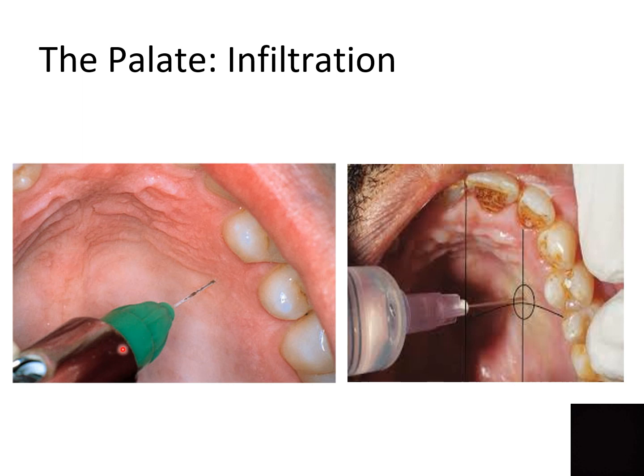For infiltration, you would inject into the palatal tissues roughly a centimeter medial, towards the midline of the palate, medial to the tooth you are intending to operate upon, and you only need to penetrate 2 to 3 millimeters into the palatal tissues and inject 0.3 to 0.4 mils of the anesthetic solution.